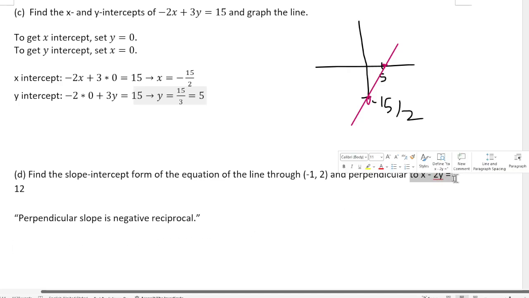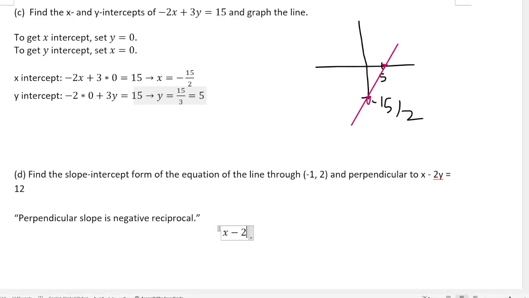So let's first find out the slope of this thing, which is x minus 2y equals 12. If you solve for y by moving the x to the other side, and then divide by negative 2, you get y equals negative 1 divided by negative 2 is positive 1/2 x, and then 12 divided by negative 2 is negative 6.